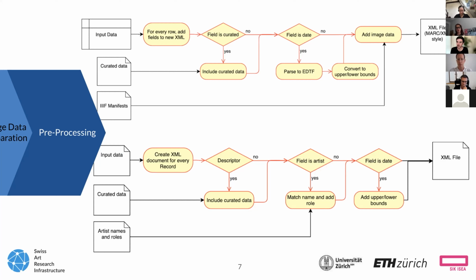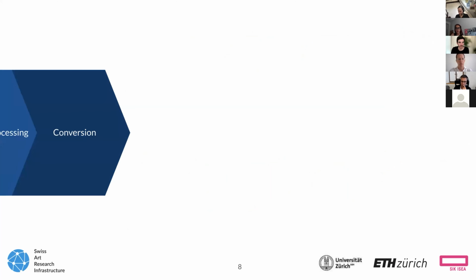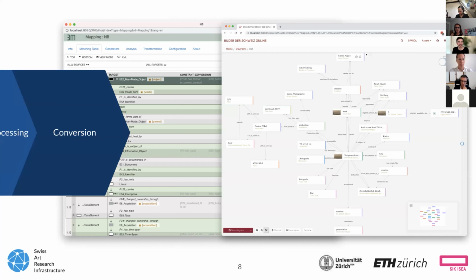We have free text date specifications, which we convert into machine readable dates and then convert into CIDOC CRM. Then the actual conversion: what you see on the left side is an editor, which we use to make a mapping which describes how to convert each field from the input data into a linked data representation, which is what you see on the right.